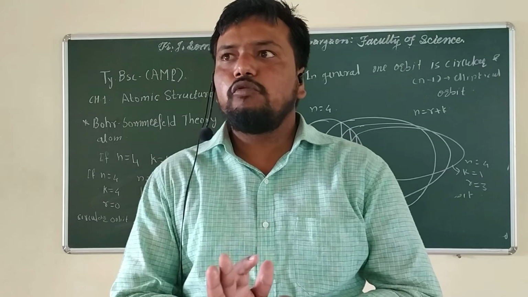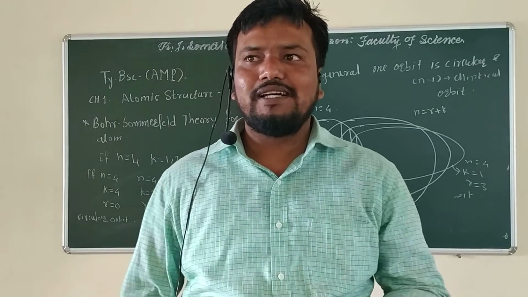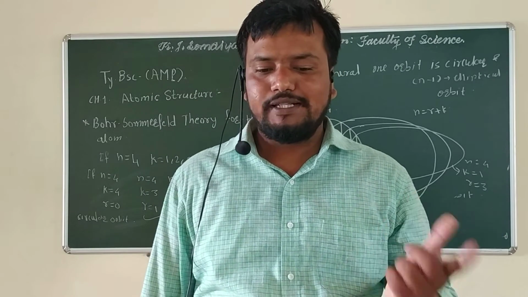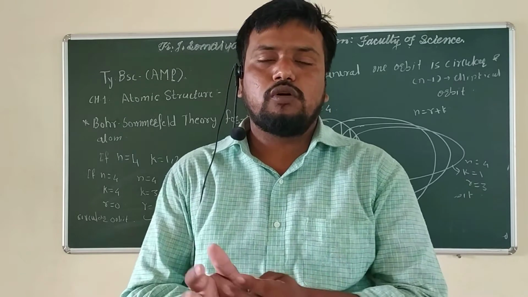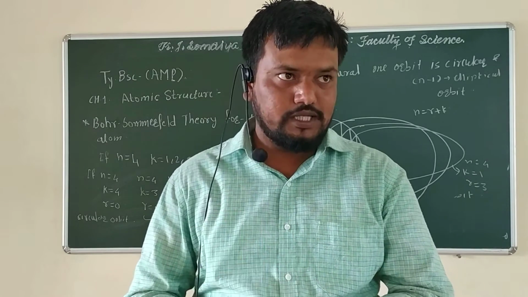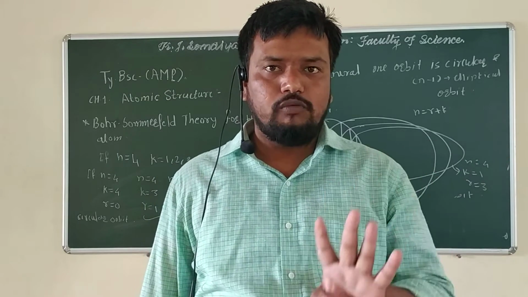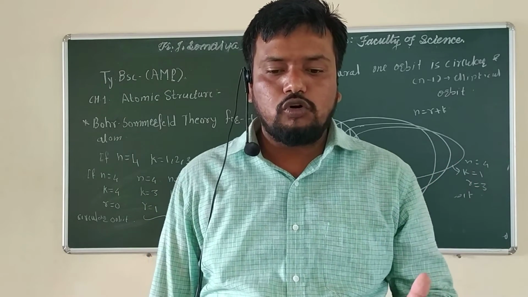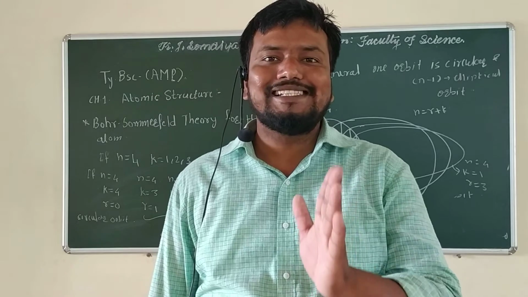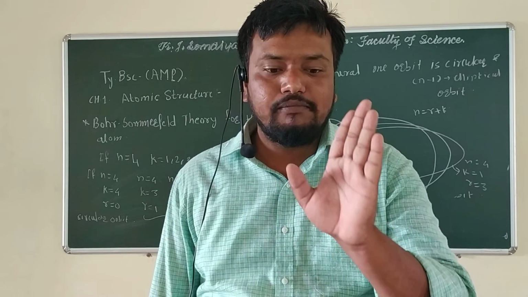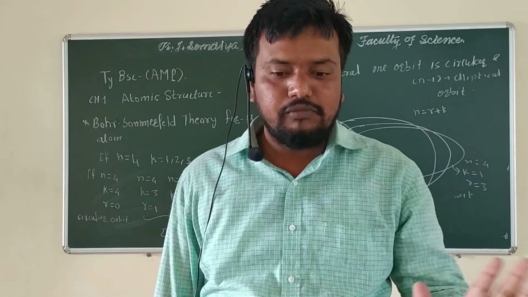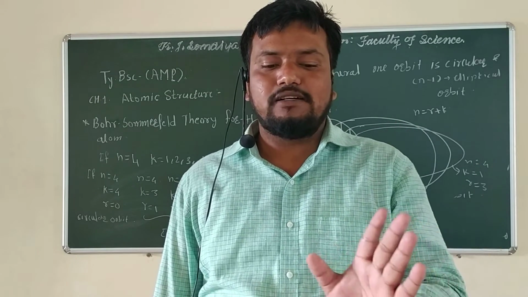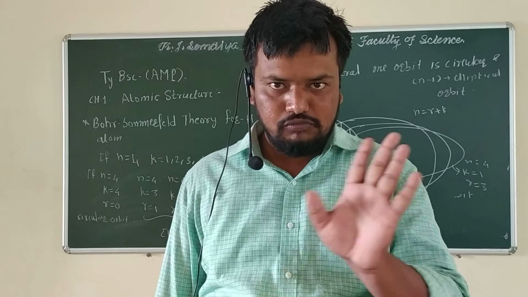If you take a general example, for example n equal to 4, there are 4 different states and 4 possible orbits. If n is equal to 4, how many orbits? Total 4 orbits, and all these orbits have the same energy value, as determined by the same quantum number.